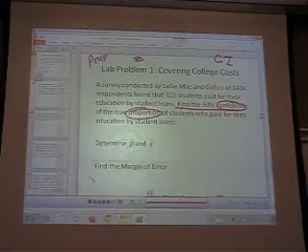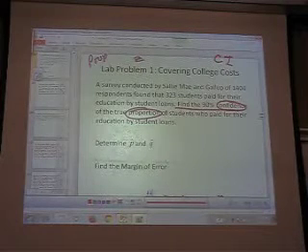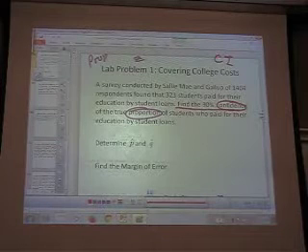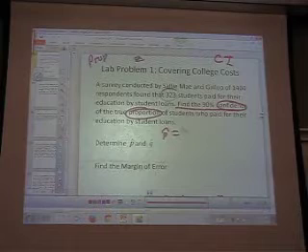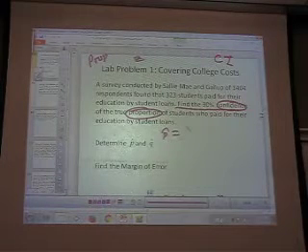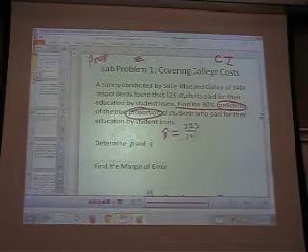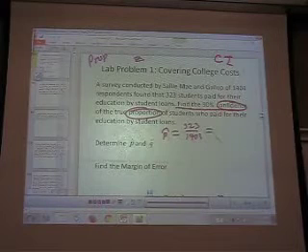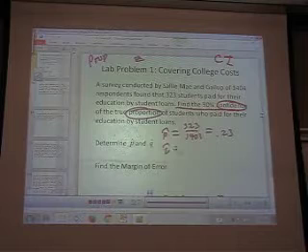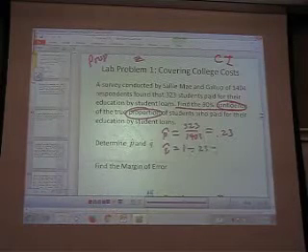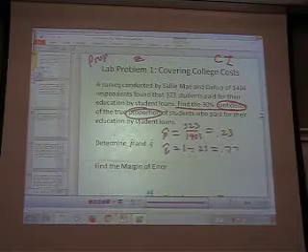Okay, good. So, I need to find my P hat and my Q hat. P hat is what? And you guys got 0.23? Yes. So then your Q hat is going to be 1 minus 0.23, 0.77.